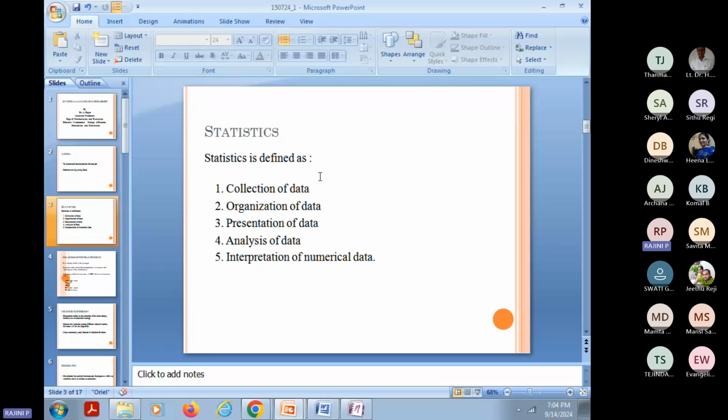Whatever you want to prove or find, the data for that is not available, and now you are collecting the data primarily. That means till now the data is not available. You are collecting fresh data for your research work. That is called primary data.